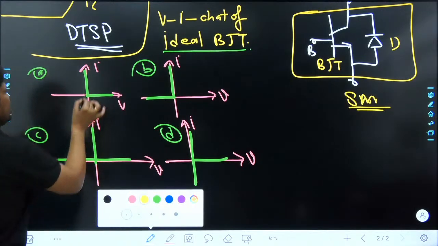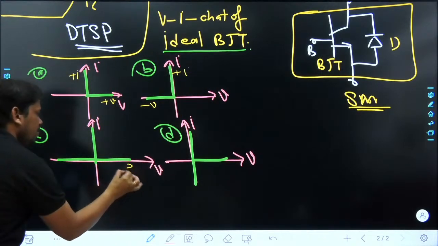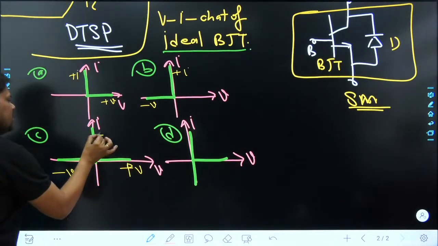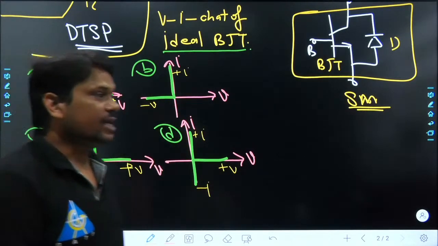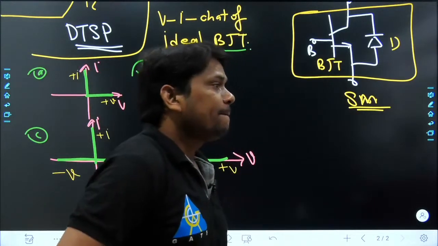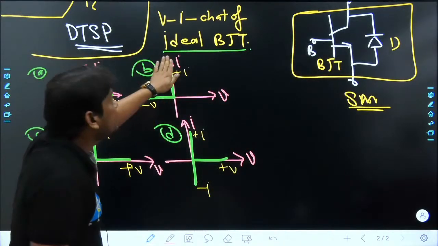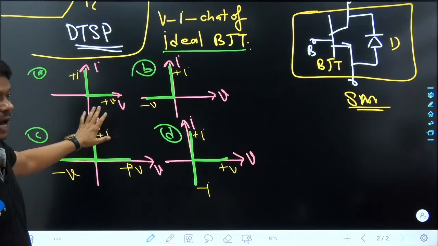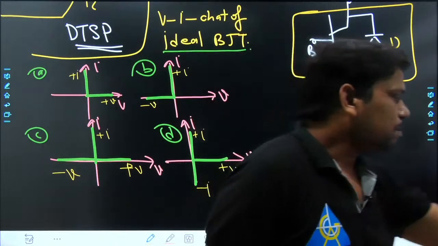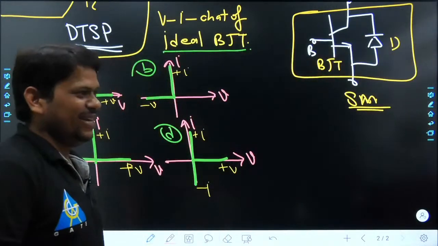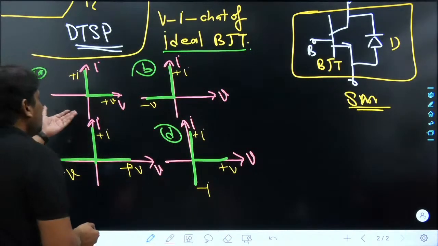Plus I, plus V, minus V, plus I, and here plus V, minus I. Everyone tell me, please. I want to know the answer from your side. Yes, only BJT, option A. Very nice. Definitely option A is correct.